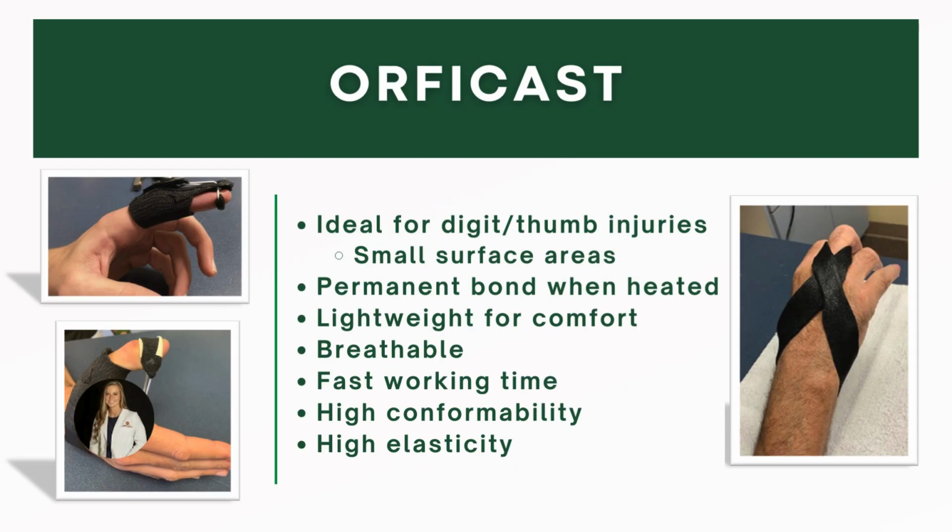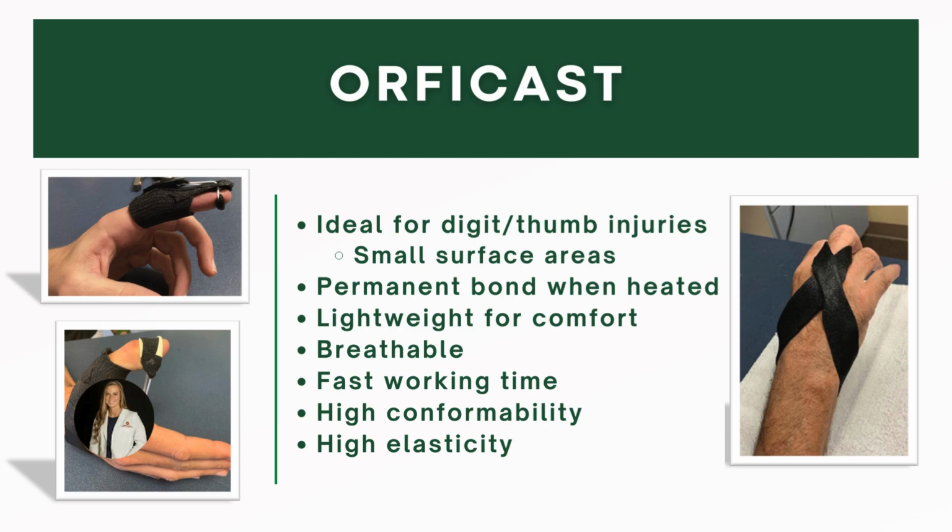Orthicast, which is also one of my favorite types of material to use, is ideal for any finger or thumb injuries. So those small area or small surface area injuries. It forms a permanent bond when heated, so you can use hot water or hot air, and you can adjust it easily. It's very lightweight for comfort.